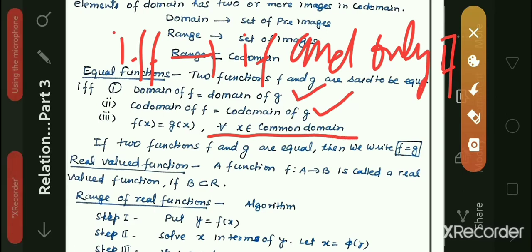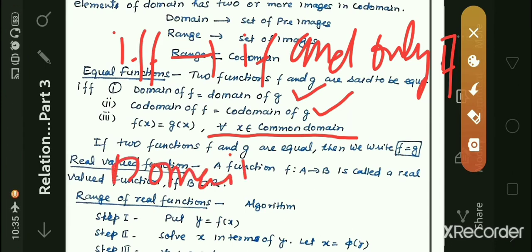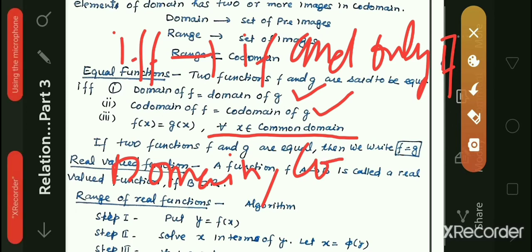If this is happening, then we can say that these two functions are equal. For functions to be equal, their domain should be the same, their codomain should be the same, and their range should be the same.